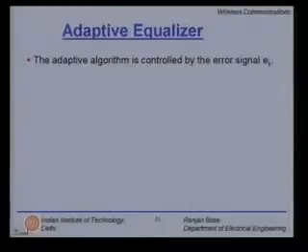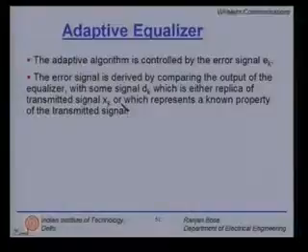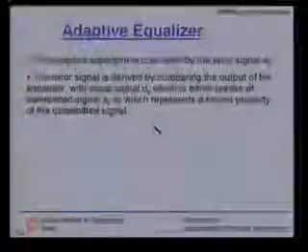Now, how do we retune the weights? The adaptive algorithm is controlled by the error signal Ek. The error signal is derived by comparing the output of the equalizer with some signal Dk, which is either a replica of the transmitted signal Xk or which represents a known property of the transmitted signal, for example, constant amplitude.